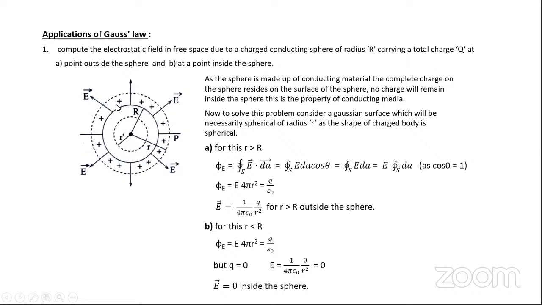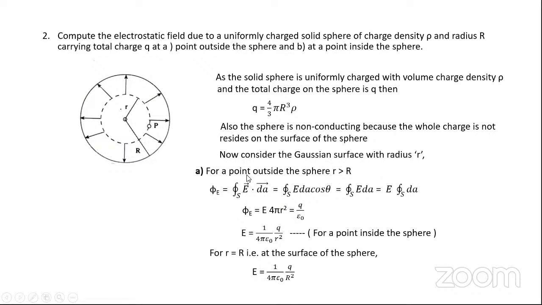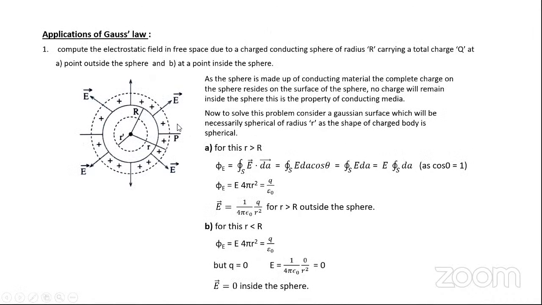V is equal to a constant inside the sphere. So this is about the electric field intensity outside and inside the sphere. We can calculate the electric potential outside and inside the sphere using the formula E is equal to minus gradient of V.